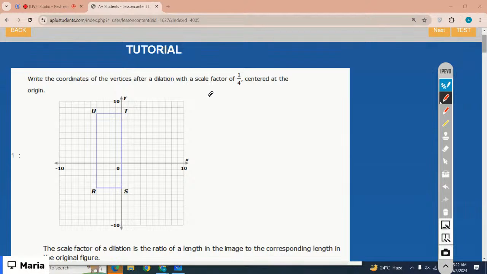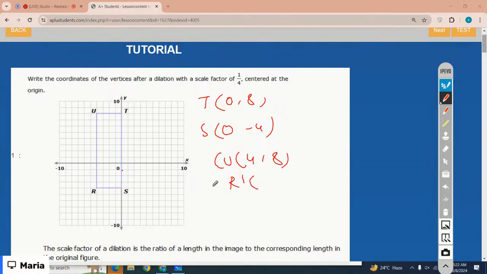So the coordinates of T are 0 and 8, S are 0 and negative 4, U are 4 and 8, and R are negative 4 and 4.